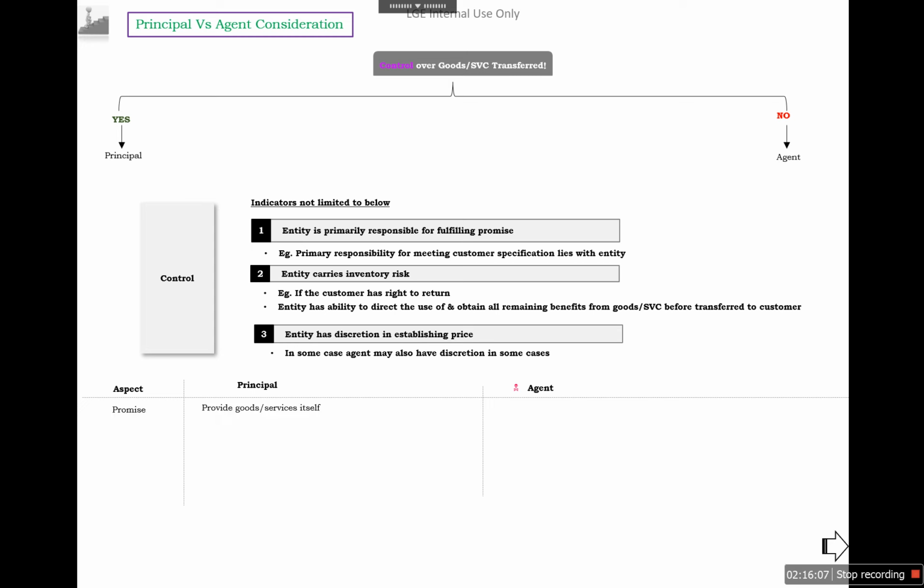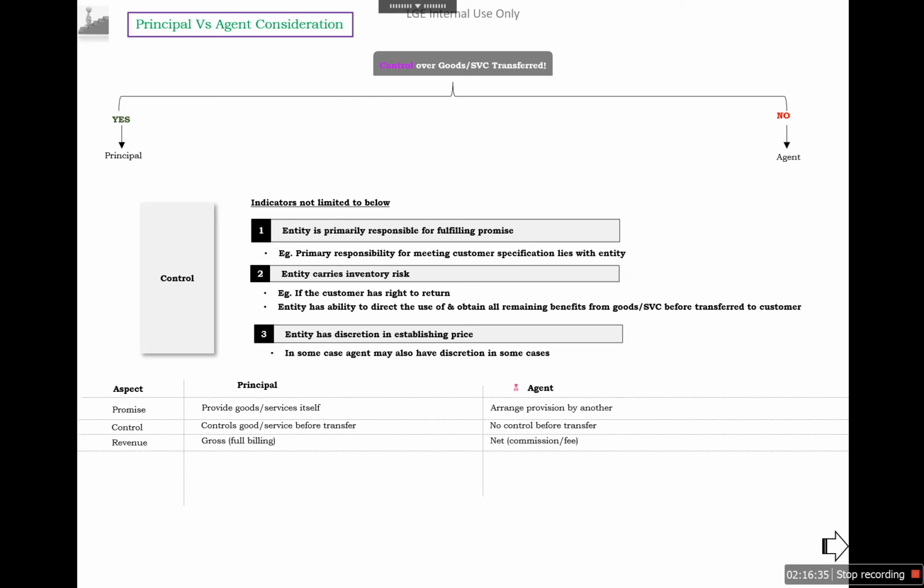So let's discuss some examples. If the promise to provide goods and services is owned by the entity, it will be called a principal. And if it is with the third party, it is an agent. If the control over goods before transfer to the customer lies with the entity, it will be called a principal. If there is no control, it's called an agent. Revenue in case of principal will be on gross value, however, in case of agent, it will be on commission basis only.